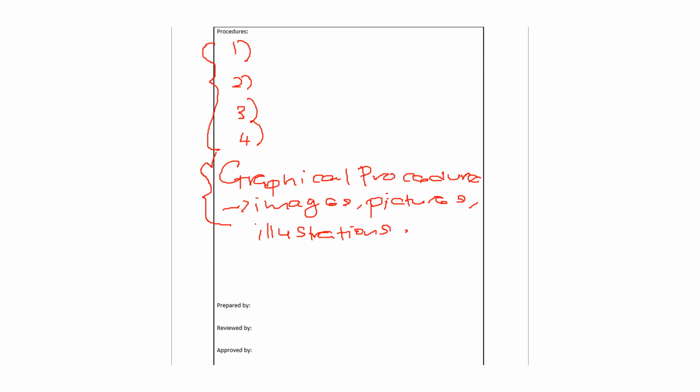For the prepared by, reviewed by, and also approved by, it depends on the designation. For example, you are asked to prepare the SOP, so you're going to write your name. My name is Muhammad Shafirul Zaman.